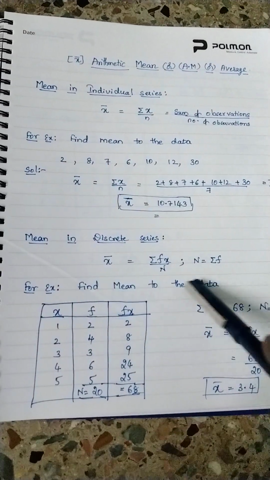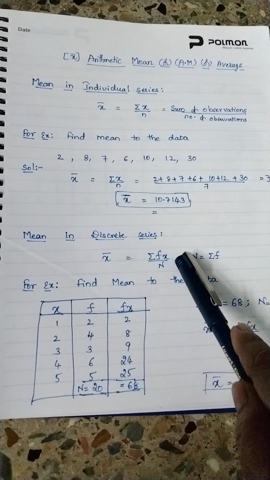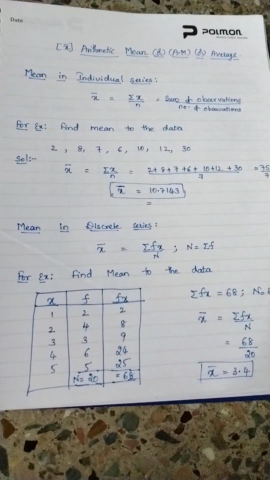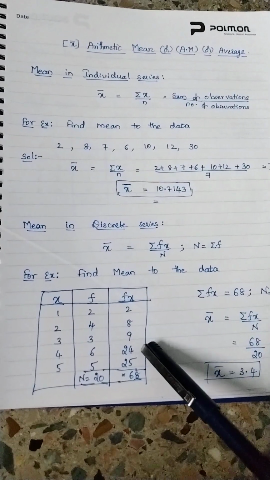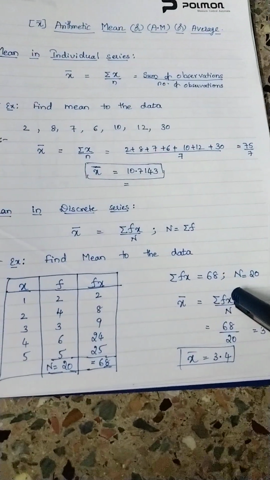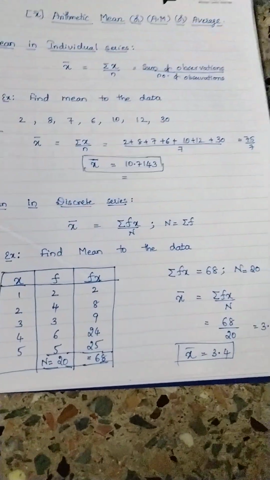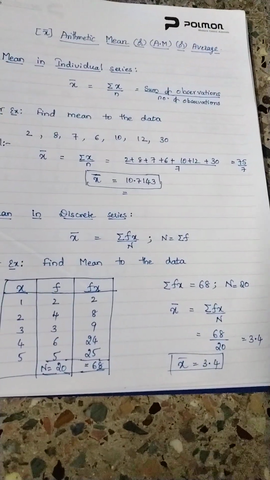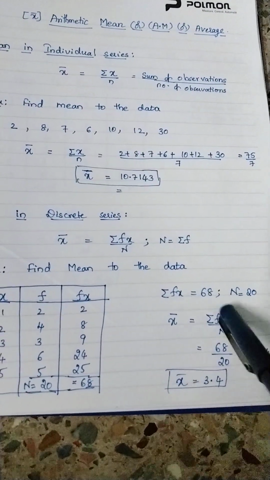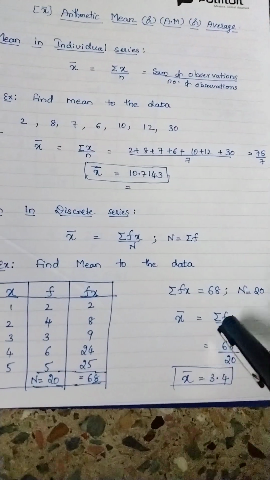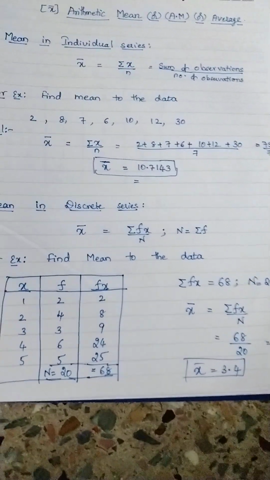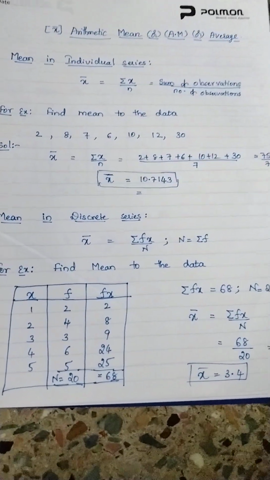In the formula, we use summation fx and N. N is nothing but the sum of the frequencies, and summation fx is the sum of the fx values. You write the sum of fx in the numerator, that is 68, divided by the value of capital N, the sum of the frequencies, that is 20. So x bar is equal to 68 by 20. You got the mean value as 3.4. This is the value of mean in discrete series.